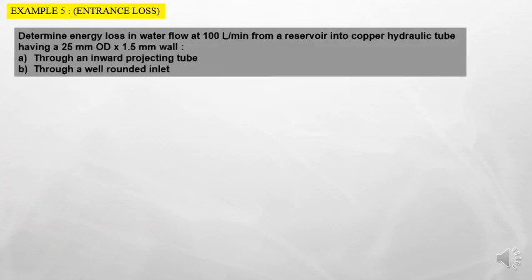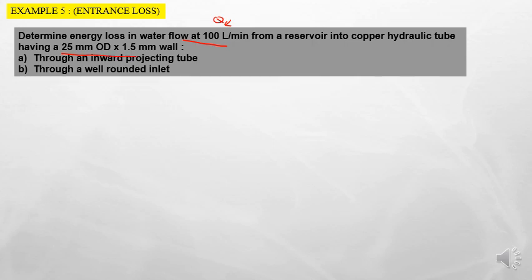Okay, so let's try an example which involves entrance loss. The question states that we have to determine the energy loss, involving water that flows at Q equals 100 liters per minute from a reservoir into a copper hydraulic tube with the dimensions given.